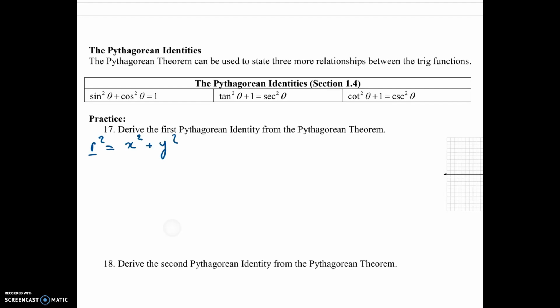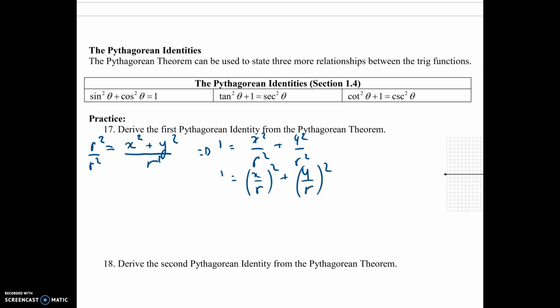And therefore now if I divide by r squared everywhere, I end up with 1 equals x squared over r squared plus y squared over r squared. I know that x squared over r squared is basically (x over r) squared, plus (y over r) squared, and I know that cosine is equal to x over r and sine is equal to y over r.